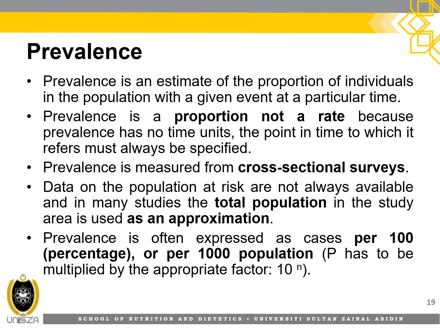Data on population at risk are not always available, and in many studies, the total population in the study area is used as an approximation. Prevalence is often expressed as cases per 100, in terms of percentage, or per 1000 population. P has to be multiplied by the appropriate factor 10^n, where n is the factor.